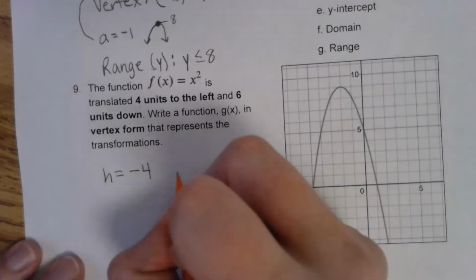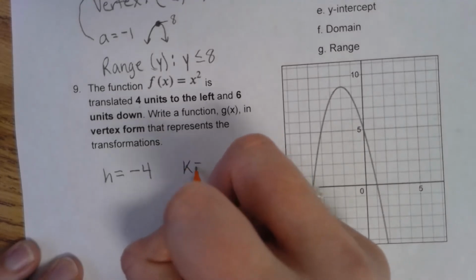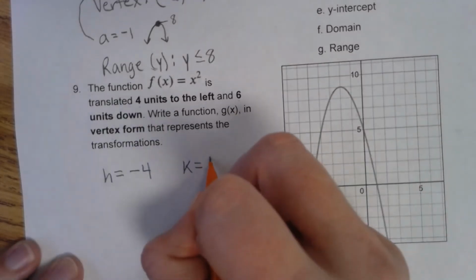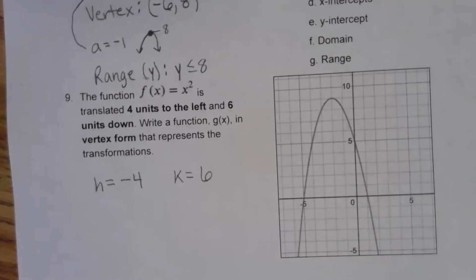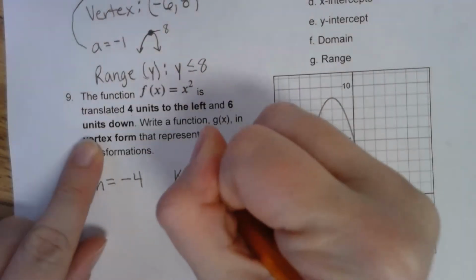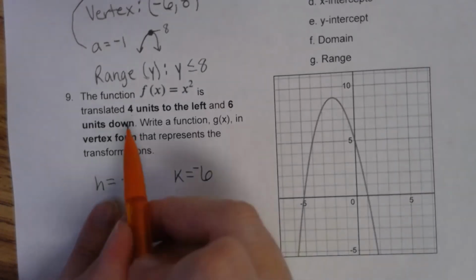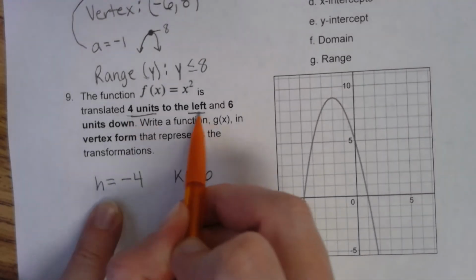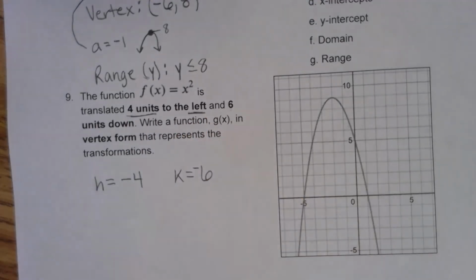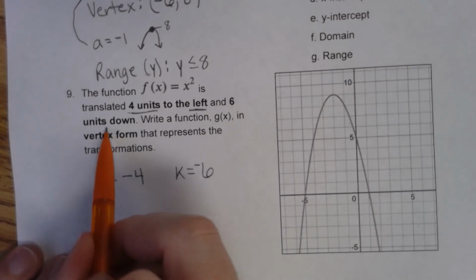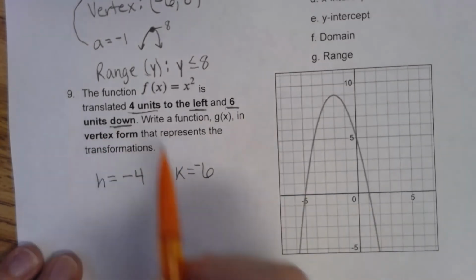And 6 units down, so that's our k value when we want to go 6 units either up or down. When we're going 6 units down, that's going to be negative. So the h comes from that it's 4 units left, that's your left or right movement. Your k value will be moving up or down, and so we went 6 units down, so that's why it is negative.